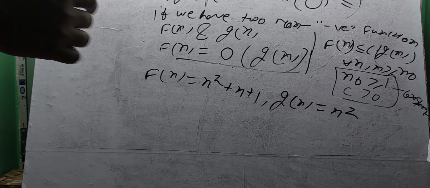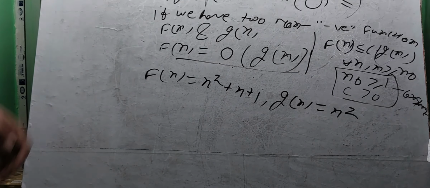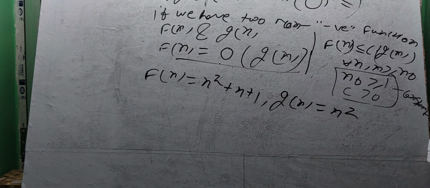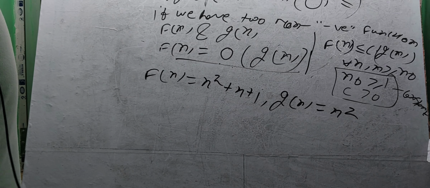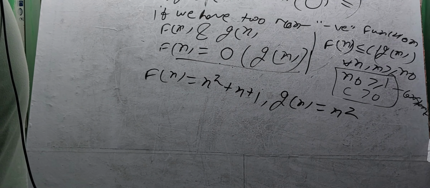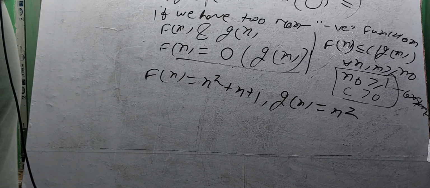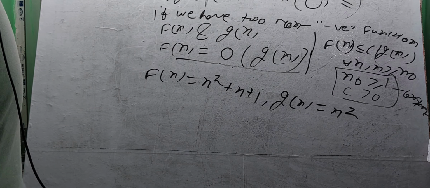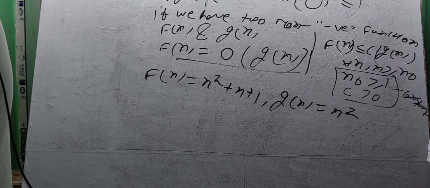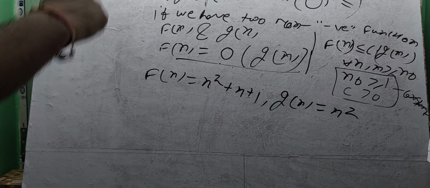Let's find the constant c and also n naught. As we discussed in the previous example, n naught is nothing but the lower limit or lower point from where g of n will be greater than or equal to f of n by using some constant c.